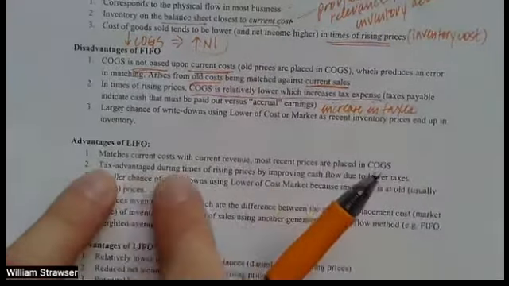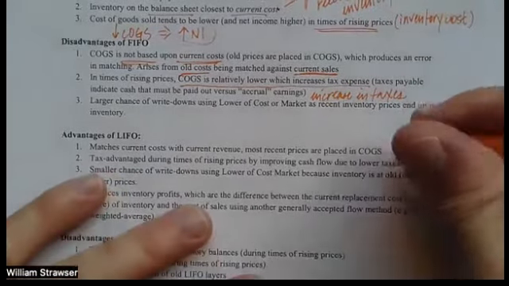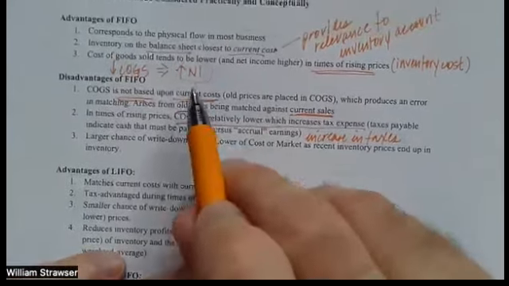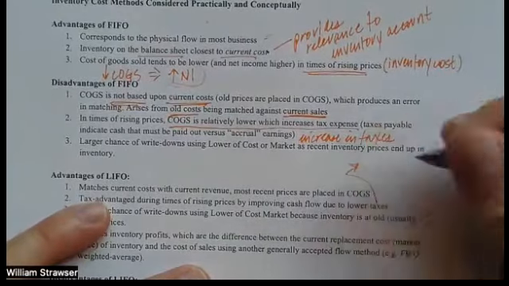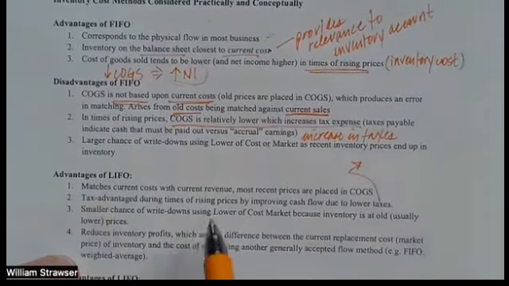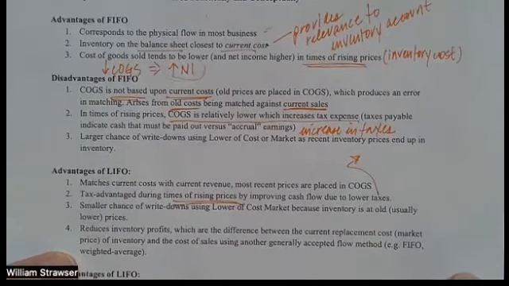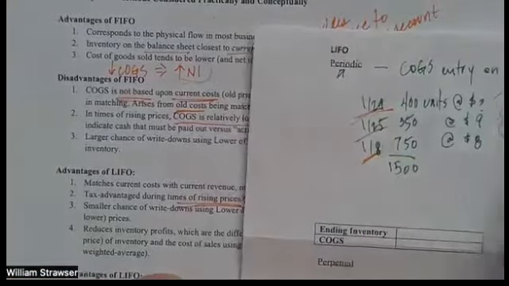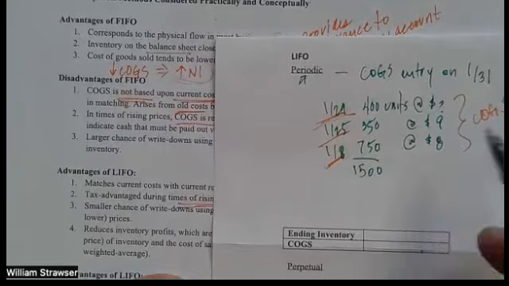It's tax advantaged during times of rising prices, right? We have the same issue that happens up here with cost of goods sold, except, how does this occur? Well, if we have more recent prices being put in cost of goods sold and prices are rising over time, I'm putting my most expensive stuff, let's say this was like $11, $9, $8.